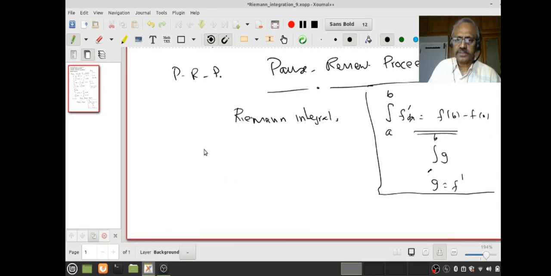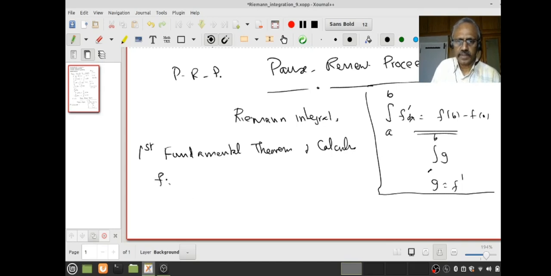So this is the first fundamental theorem of calculus. What does it say? Let f be a function from [a, b] to R. Assume that f dash belongs to R of [a, b].